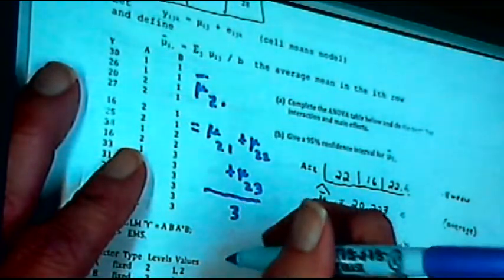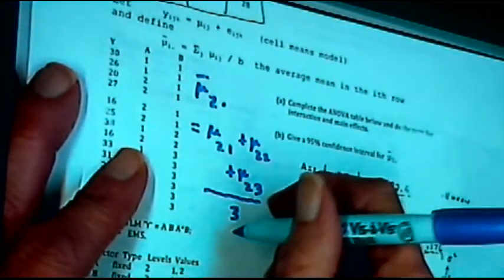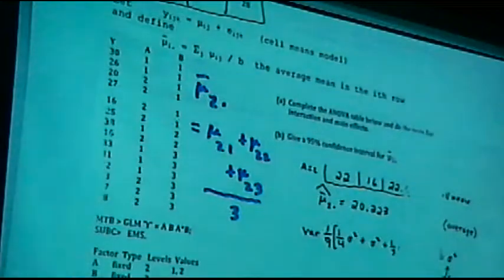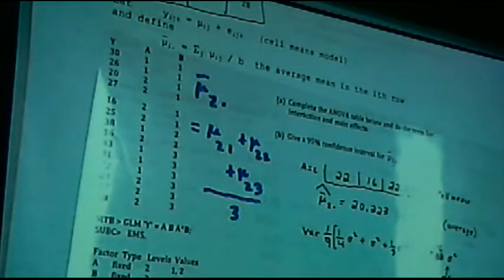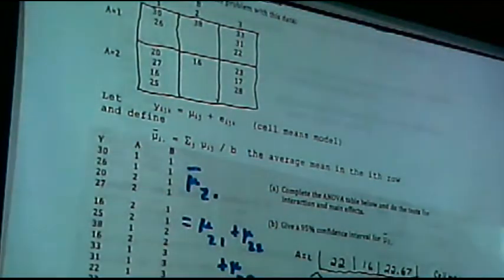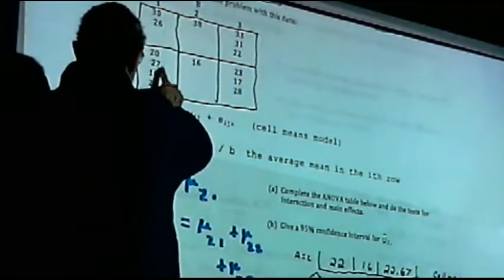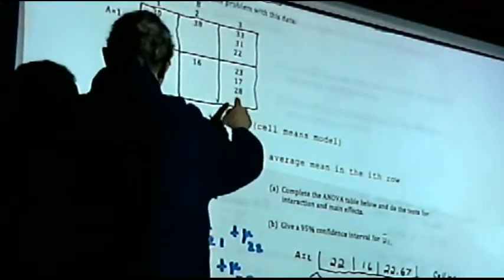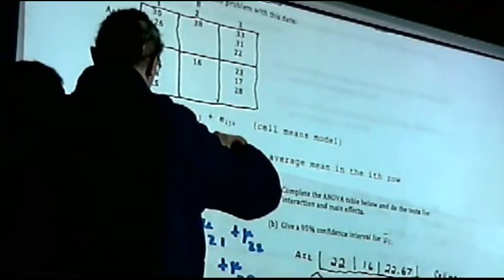So the idea is basically for the sample estimate, we have to get a mean in each of the 3 cells, there, and then average those 3 means.